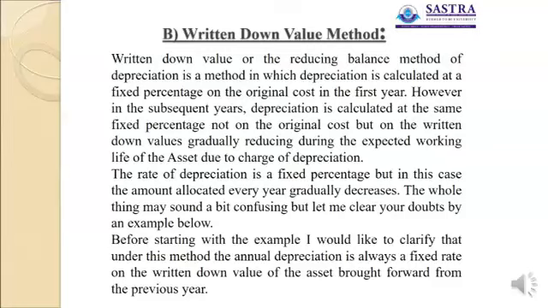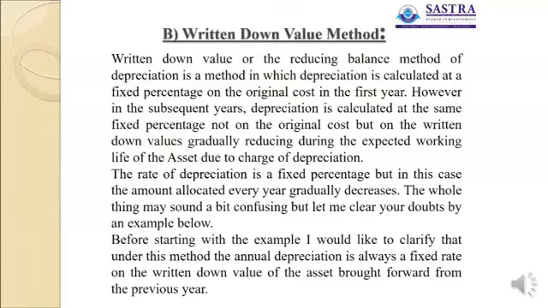In the subsequent years the depreciation is calculated at the same percentage, not on the original cost but on the written down values, gradually reducing during the expected working life of the asset due to the charge of depreciation. The rate of depreciation is a fixed percentage, but in this case the amount allocated every year gradually decreases.